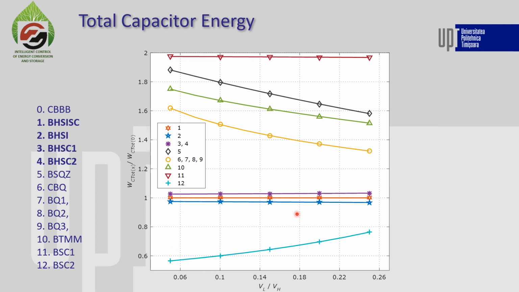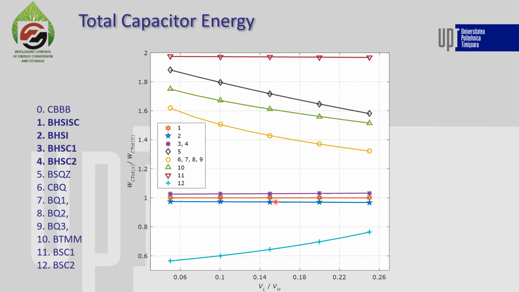And then we have all of the hybrid converters, and we see that they are very close to the conventional buck boost converter. We have lowered the switched inductor converter, which requires a lower volume of capacitors, and then at 1 we have the combined switched capacitor switched inductor converter, and then above 1 we have the two hybrid switched capacitor converters.